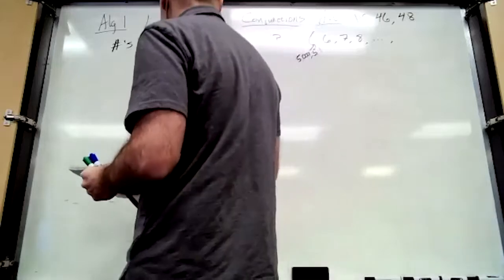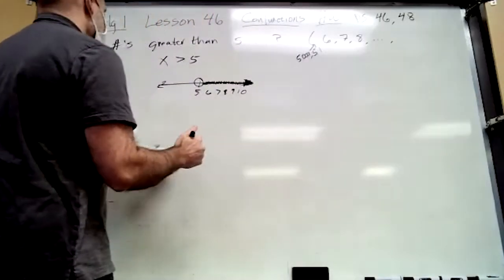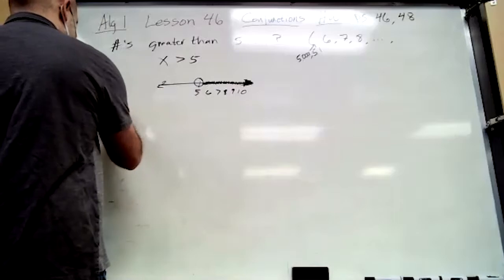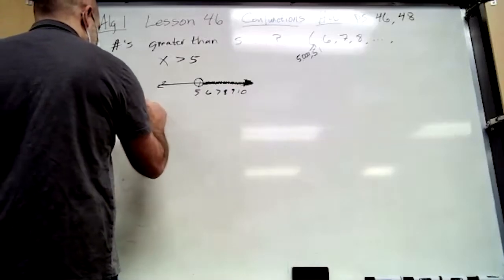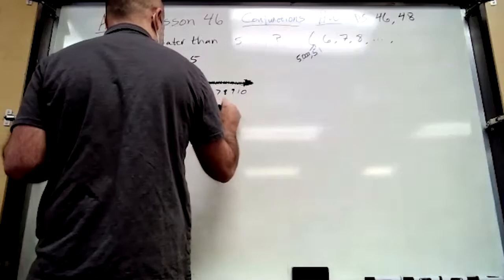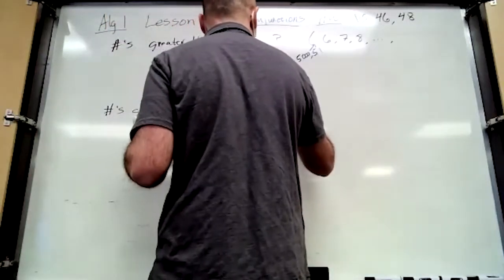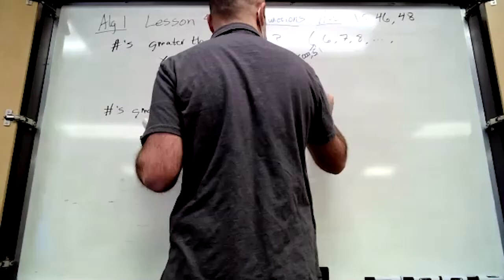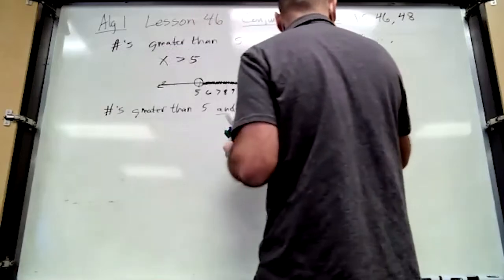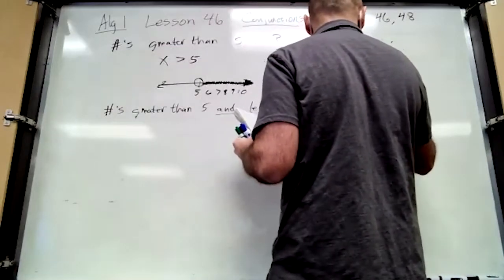Okay, so what if it's numbers greater than 5 and less than 10? Well, you do have like the 5.00000001.